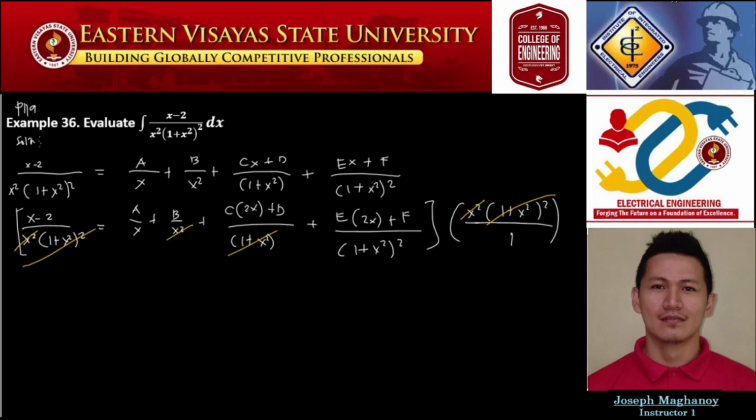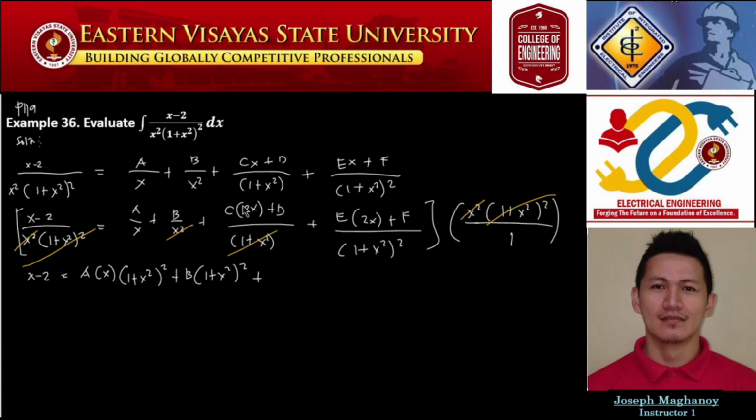Okay, so we rewrite. So x - 2, that is our left side. We only copy the distinct quadratic factor, (1 + x squared) squared. How about for your B? You still have the distinct B times (1 + x squared) squared.